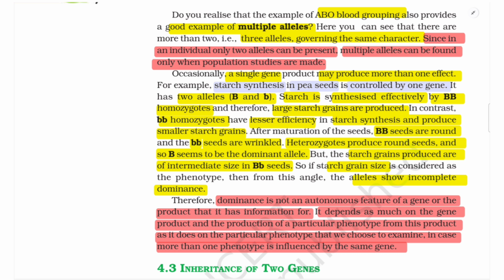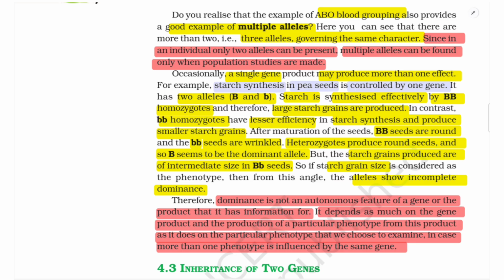Heterozygotes produce round seeds, and so capital B seems to be the dominant allele, but the starch grains produced are of intermediate size in capital B small b seeds. So if starch grain size is considered as the phenotype, then from this angle the alleles show incomplete dominance.